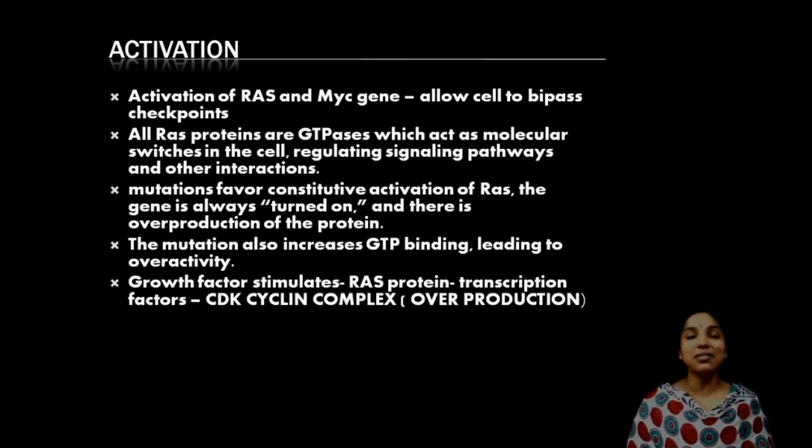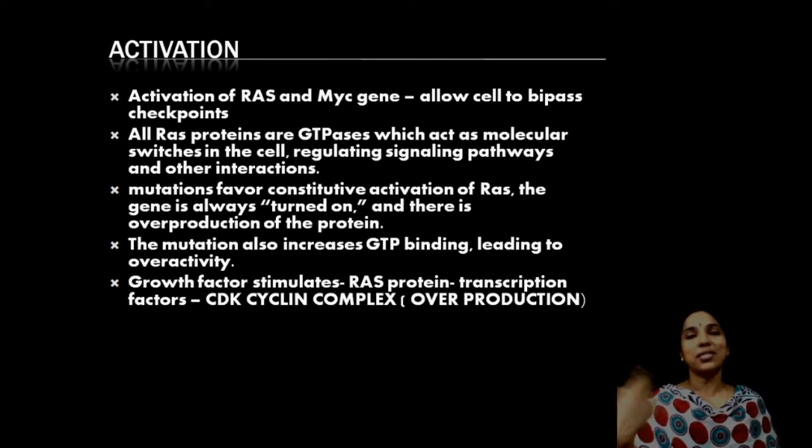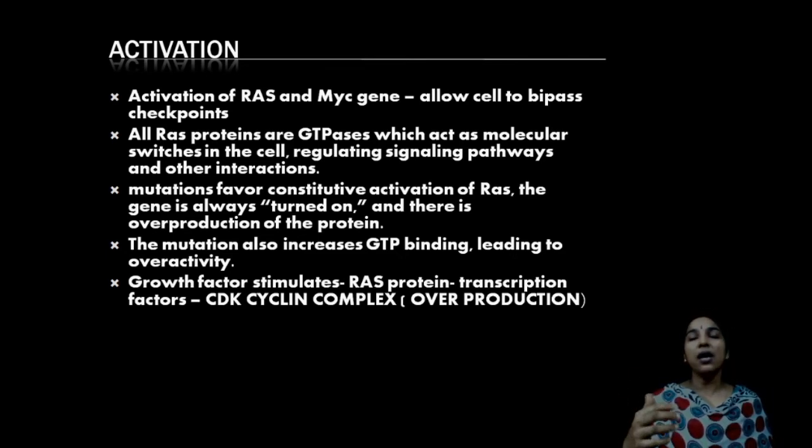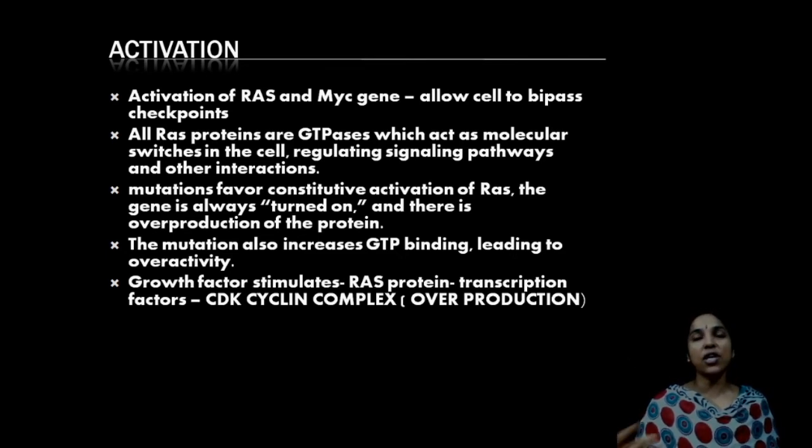It increases GTP binding and leads to overactivity. Overactivity means the cell is told it can go to the next stage, so they are giving signal continuously. The cell starts to continuously divide, proliferating, and undifferentiated clones are forming. That's actually what cancer is.